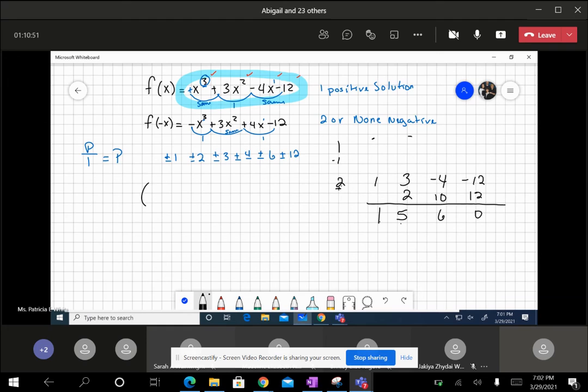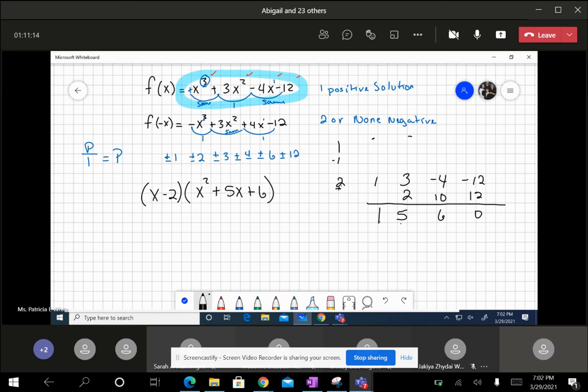So now I'm on easy street because I have x minus 2 times my coefficients, which are down there below that line: 1x squared plus 5x plus 6. Do I have to go back to my potentials and test another one?